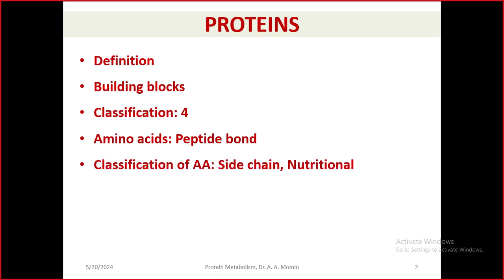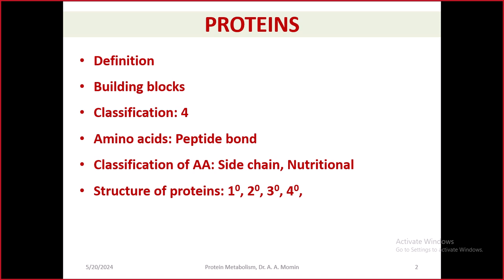The classification of amino acids depends on the side chain: it may be acidic, basic, have a sulfur containing side chain, or an aromatic side chain. On the basis of nutritional requirement, the amino acids can be classified as essential and non-essential amino acids.